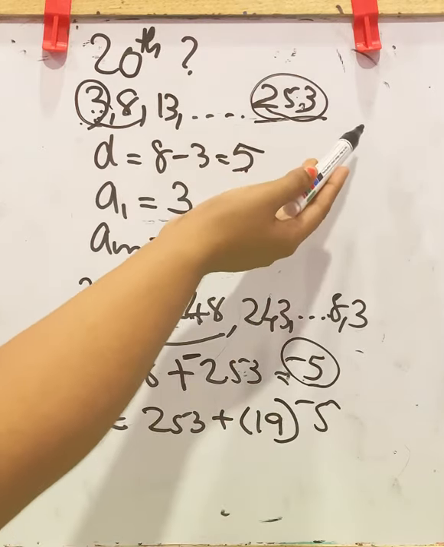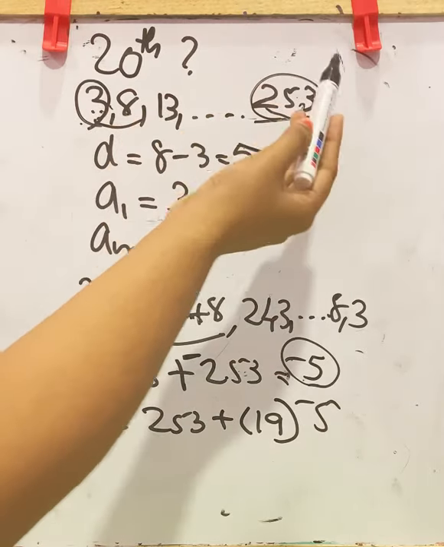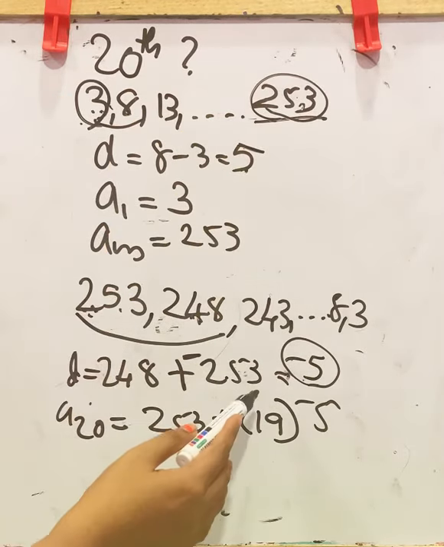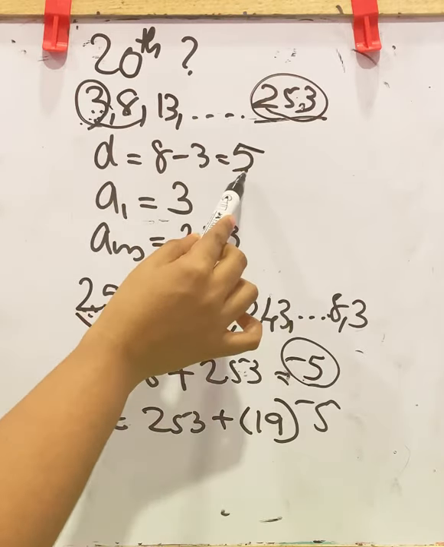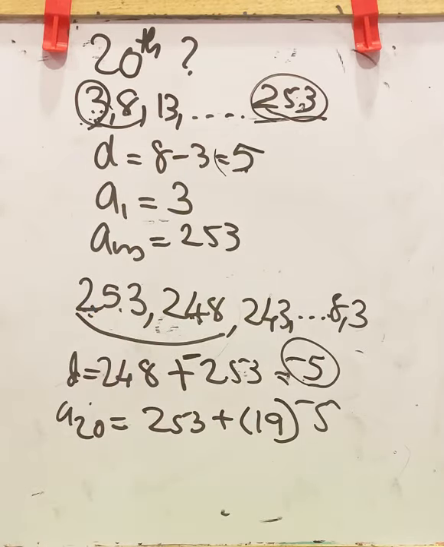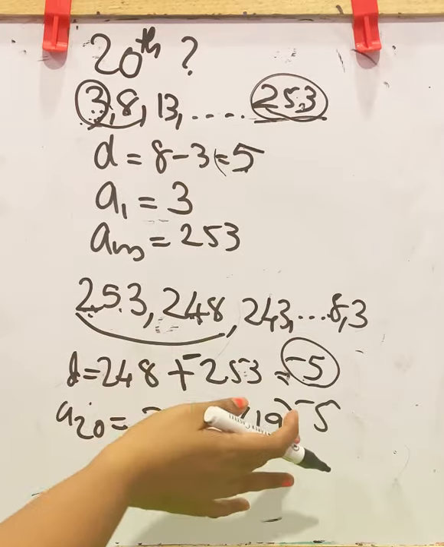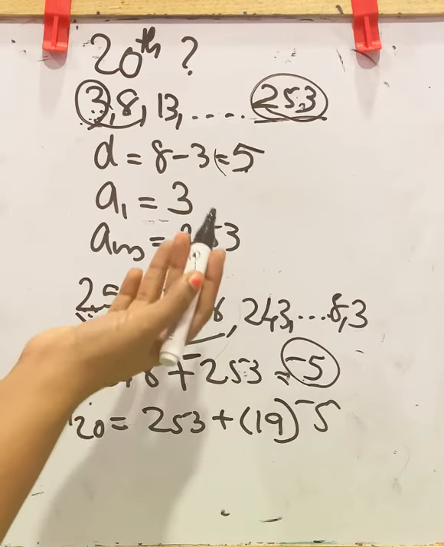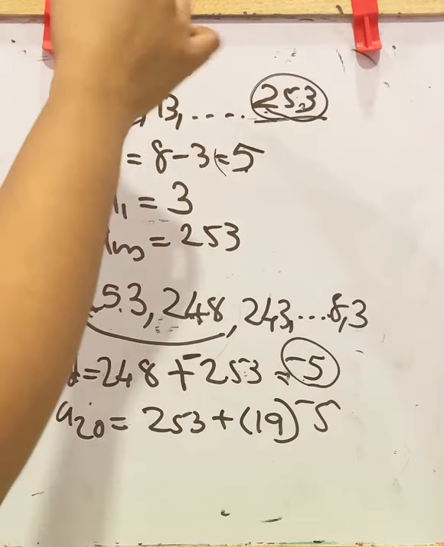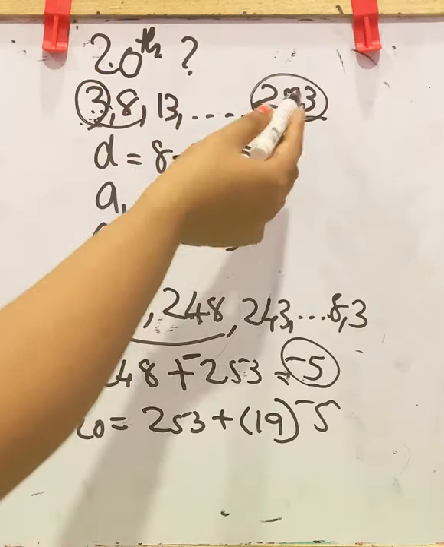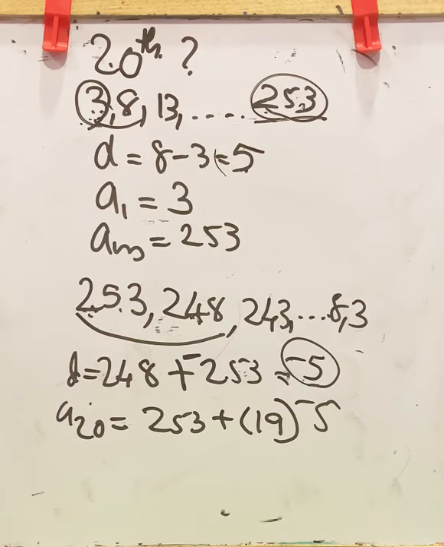While you are considering from the back side, that is from the last term, d is negative 5. While you are considering from the first term, you will get d as positive 5. So don't be confused. Here in the question itself it is given you have to find the 20th term from the last term, not from the first term. That is why we write it in reverse.